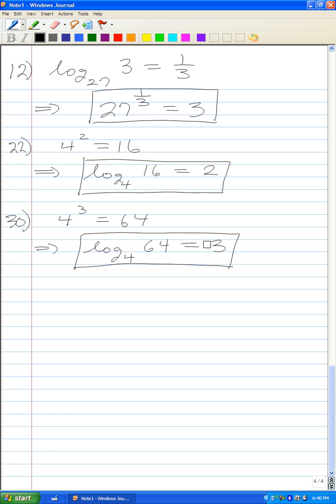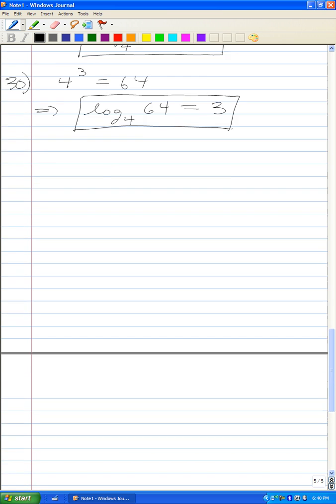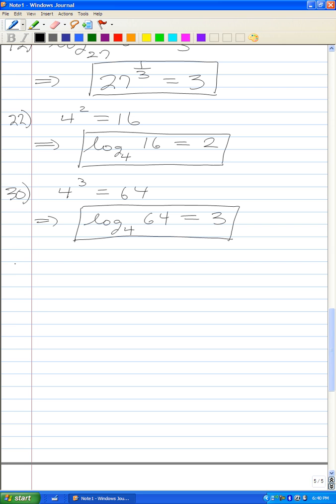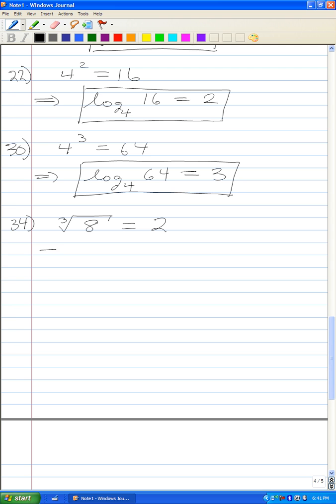Let me do problem number 34. The cube root of 8 equals 2. And so this is the same as 8 to the 1/3 equaling 2. A cube root is the same as an exponent of 1/3.